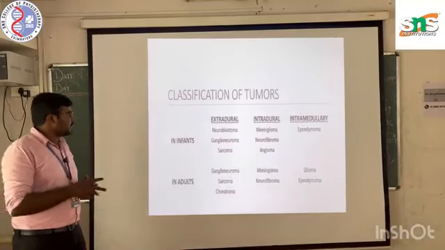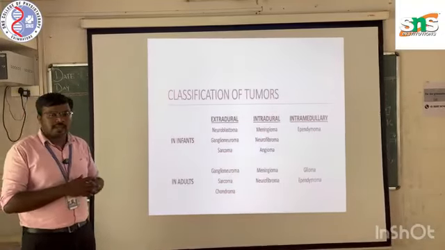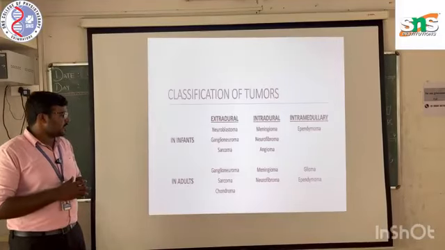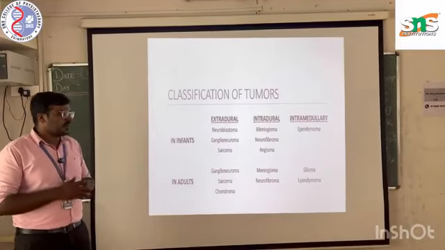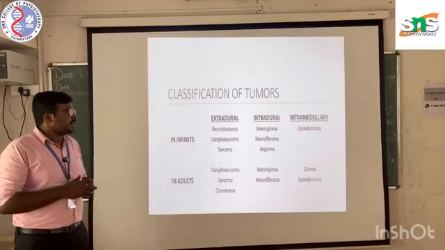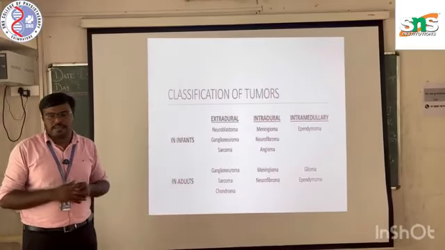In adults, extradural tumors also include ganglioneuroma, sarcoma, and chondroma. In intradural tumor, we have meningioma and neurofibroma. In the intramedullary tumor, we have glioma and ependymoma.